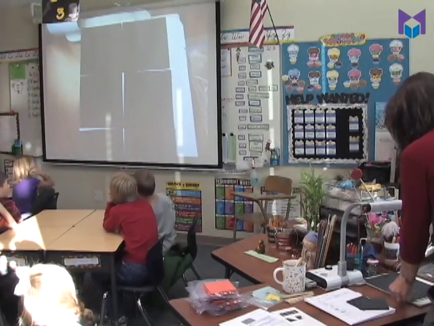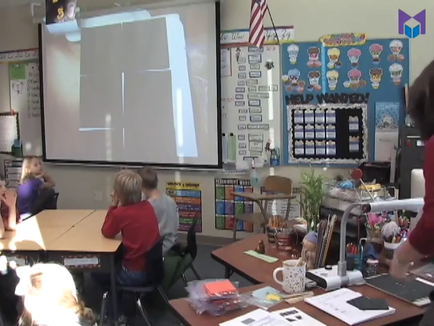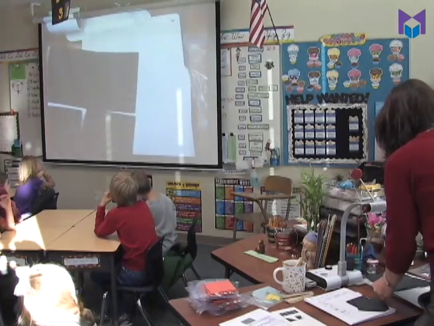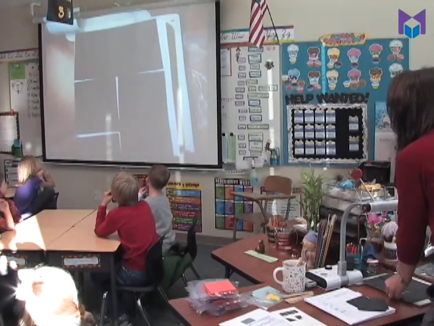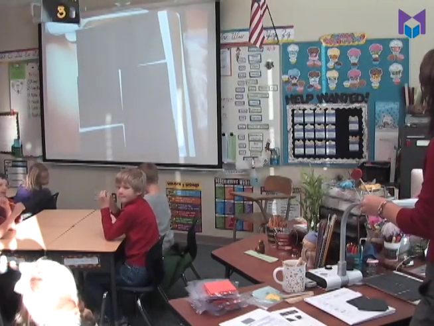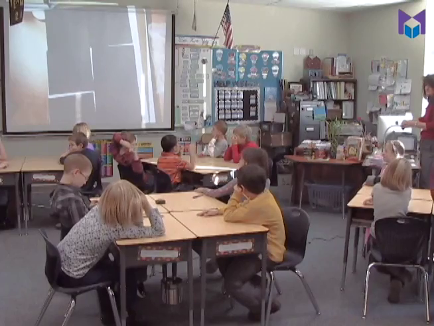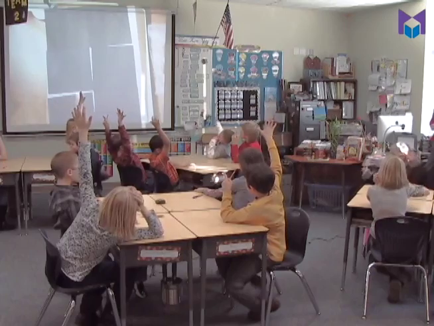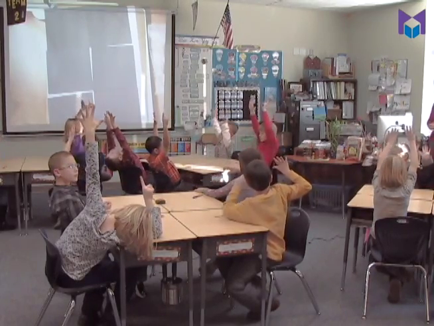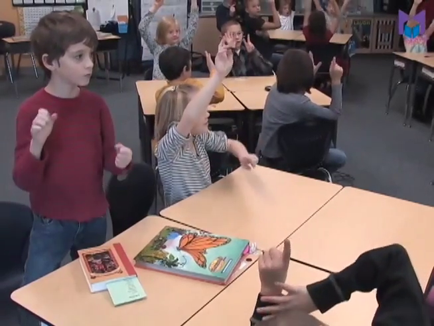Remember, this is an approximate measurement. Now I'm going to flip this board over so that you can see the white paper a little more clearly. Raise your hand with the number of squares it took. Show me with your fingers. Okay. Is that exact? No.